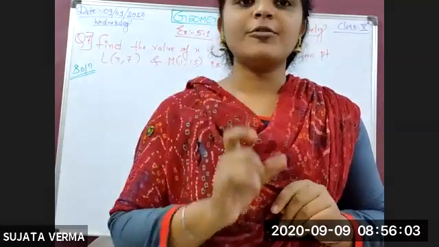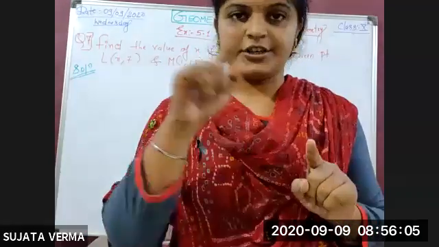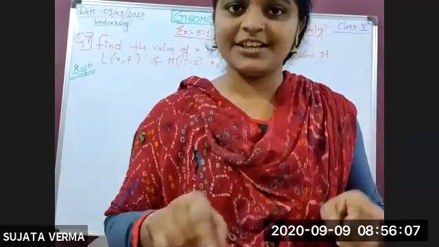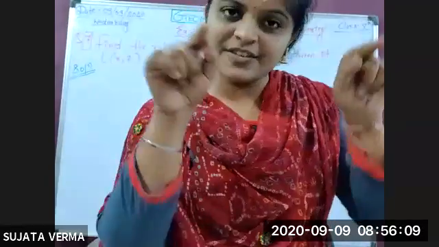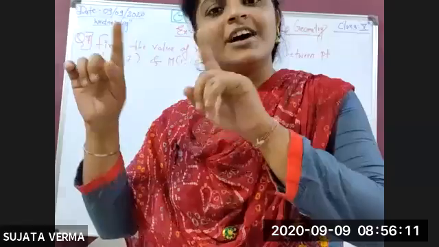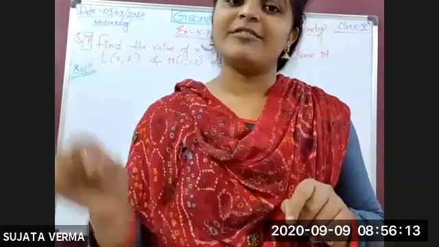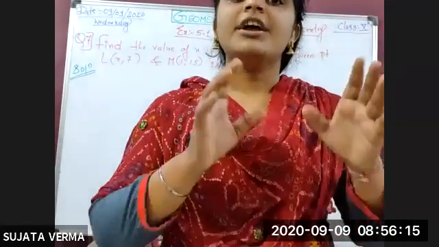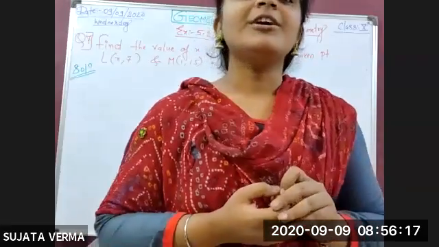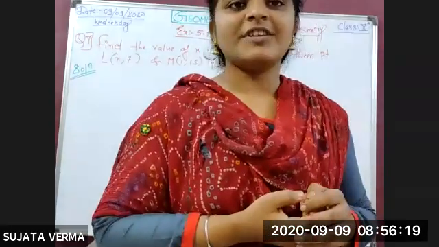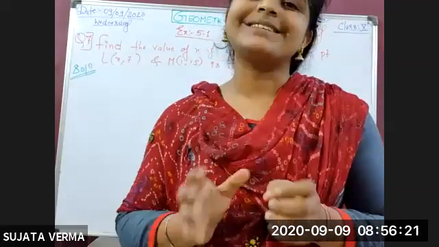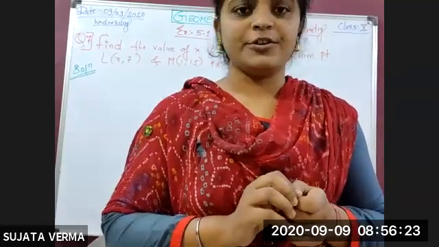Distance of any two points is equal to under root in bracket (x2 minus x1) square plus another bracket (y2 minus y1) square. Now by using this formula we solve a few questions and we also attempt practice set 5.1.